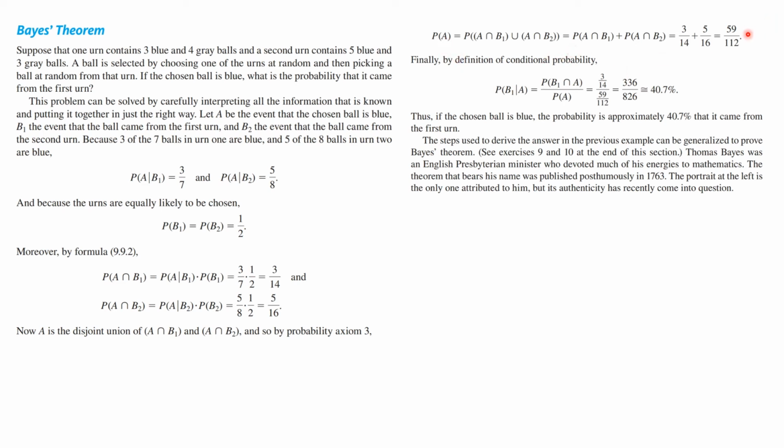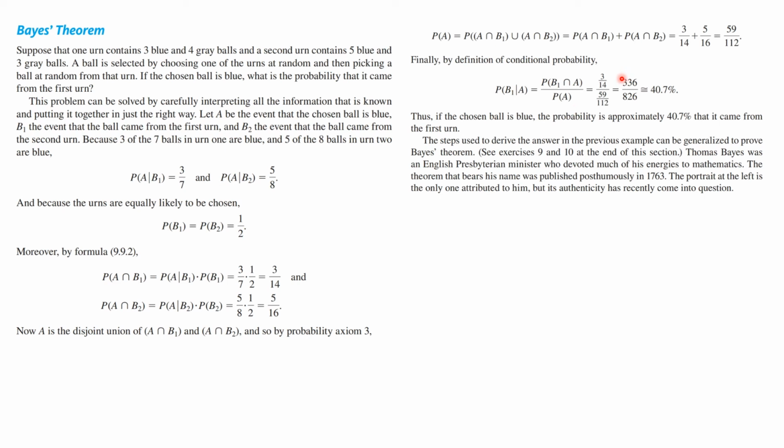Getting a common denominator, we have 59 divided by 112.